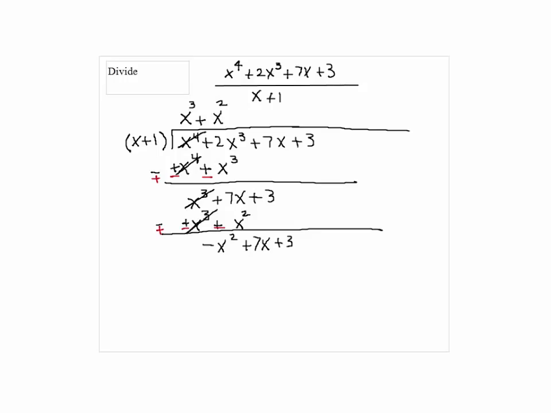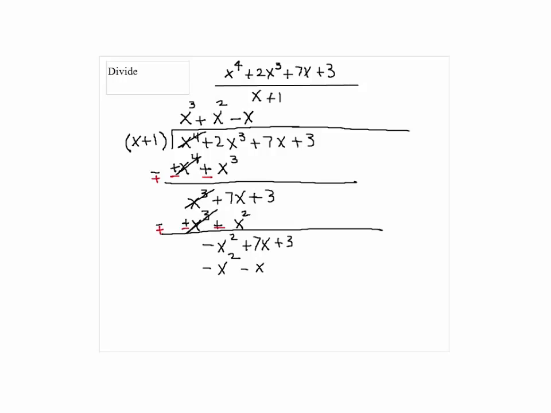We don't have x to the power of 2 up here to begin with, so we cannot combine these two. We just have to carry these down to the next step. So we would get minus x to the power of 2 plus 7x plus 3. That would be a remainder.